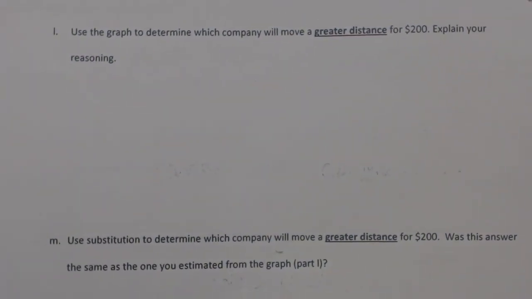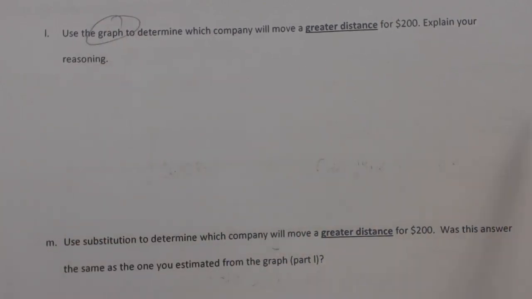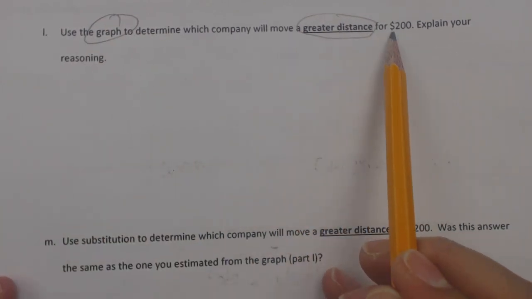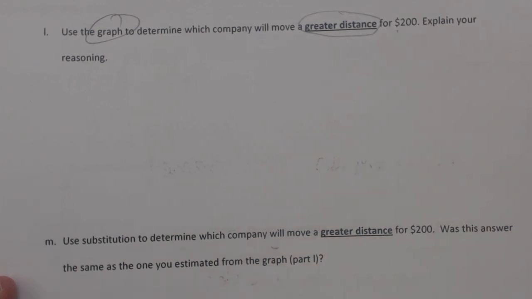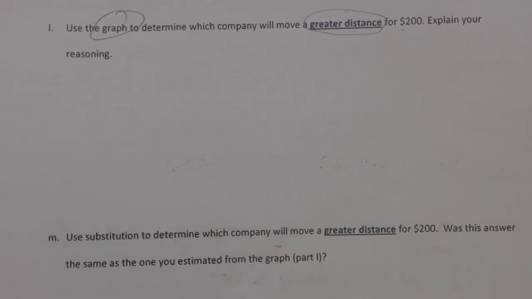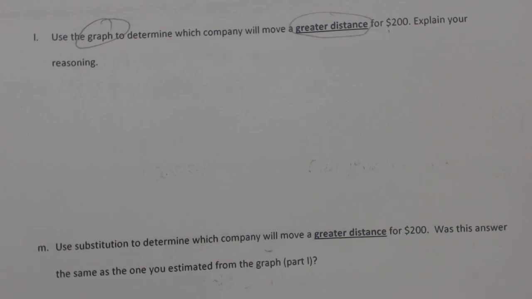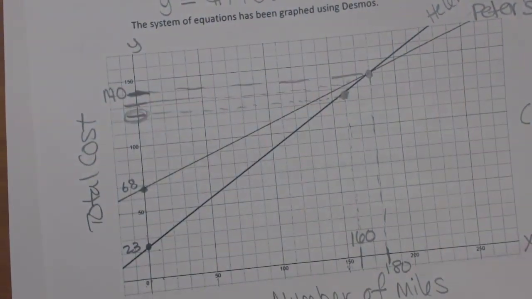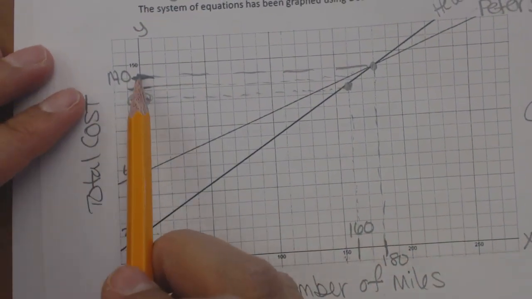Next, part L. Use a graph to determine which company will move a greater distance for $200. Explain your reasoning. So we need to see which one goes a greater distance for $200. So now we're looking at the Y. So we need to go to $200.